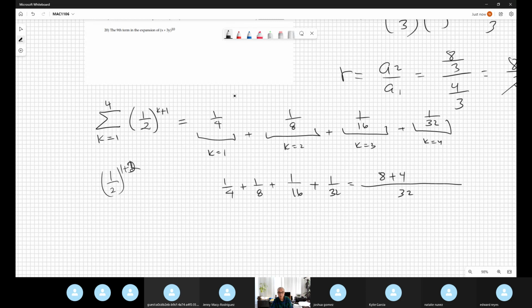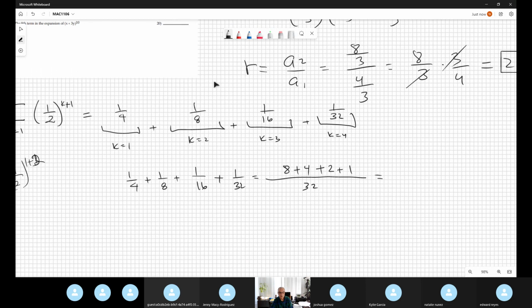Plus 4, because 32 divided by 8 is 4 times 1, plus 32 divided by 16 is 2 times 1 is 2, plus 1. Actually, we have 12 plus 3 is 15. Wow, 15/32. This is the easy way.